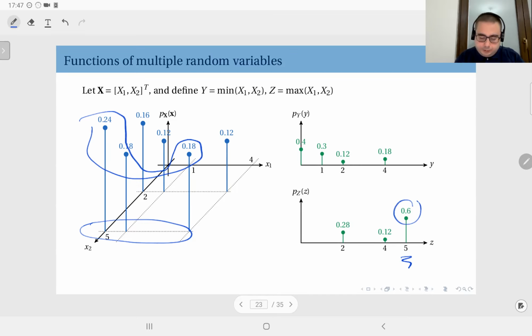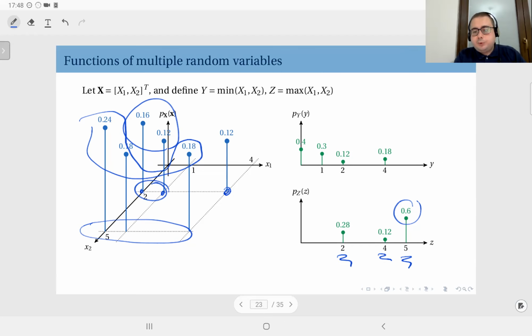And when you have this pair 4, 2, the maximum value is 4, so 4 has a probability of 0.12. And here you have 0, 2 and 1, 2. In these pairs, the maximum value is 2. So you add them up, you get 0.28, which is the probability of z being 2. So this is how you compute the distributions of y and z.